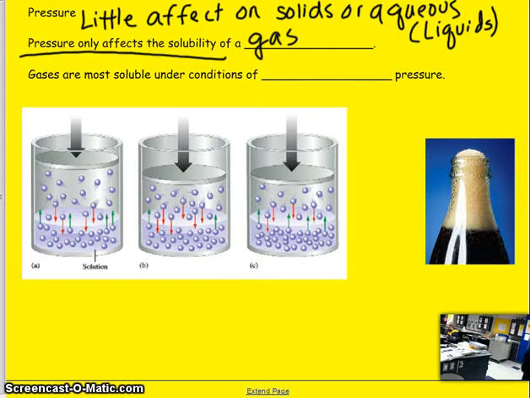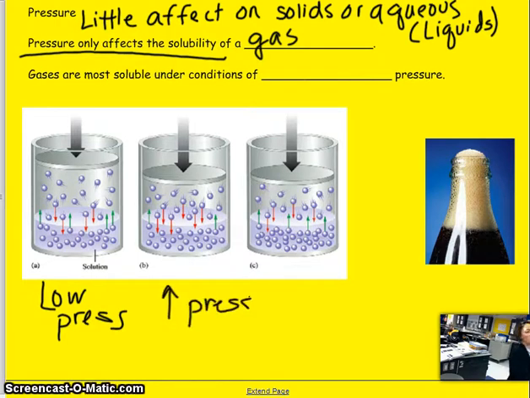In this diagram, you'll see there's low pressure on the gas. You're not smushing the gas. The pressure is very low. If you decrease the volume, you increase the pressure, and if you increase the pressure, you force more gas into solution.